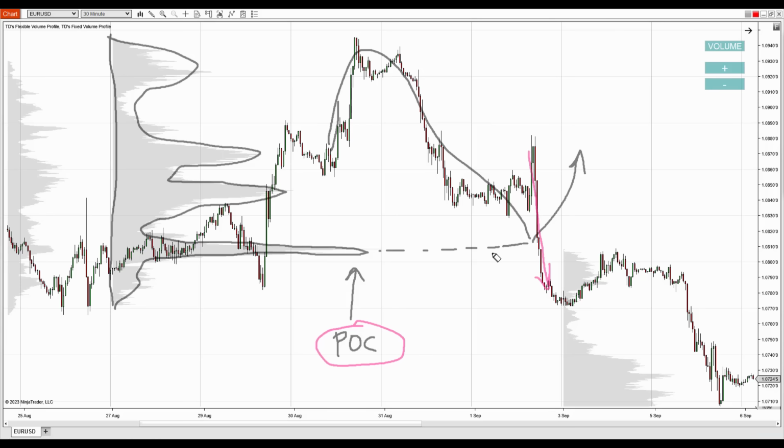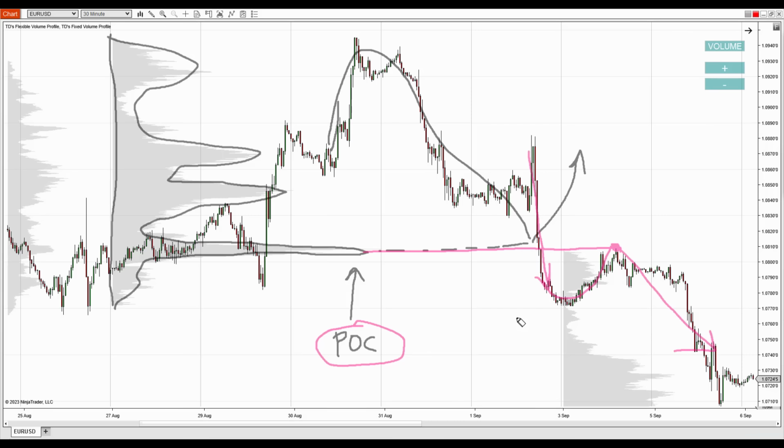Because what you can do is you can wait for a pullback to that point of control from the other side, like this, and go short from there. In this case, it was super precise trade entry, almost exactly to the pip.